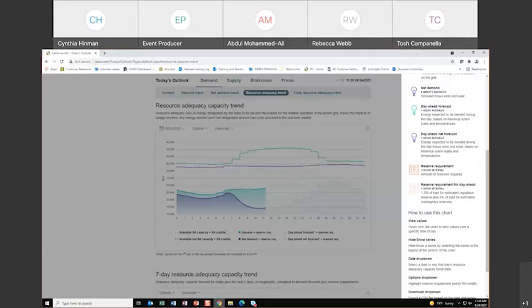The teal dash line at the top is the available RA capacity plus RA credits, and my takeaway is that it includes the expected production forecast of the VERs layered in. Then the purple dash line, the available net RA capacity, takes away that forecast production from the wind and solar.